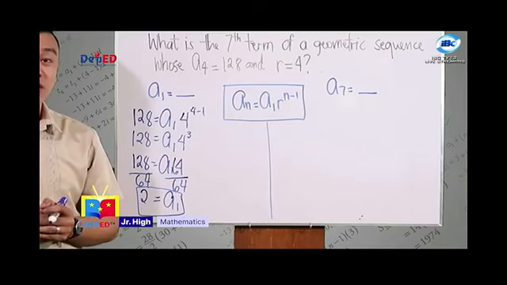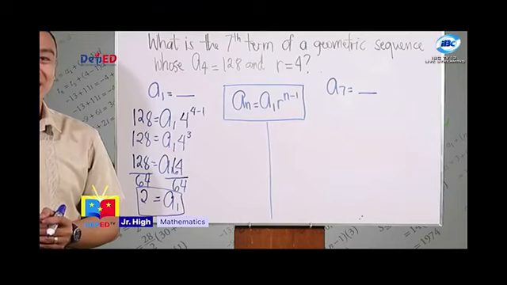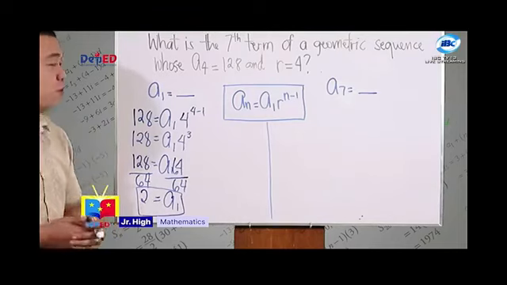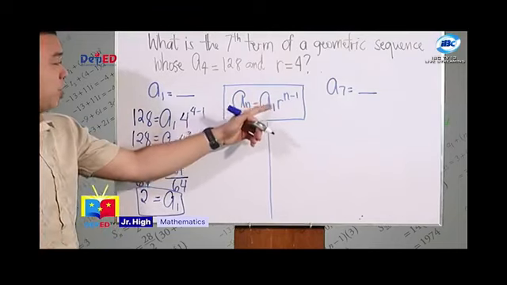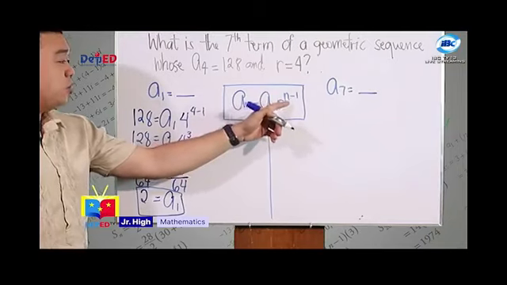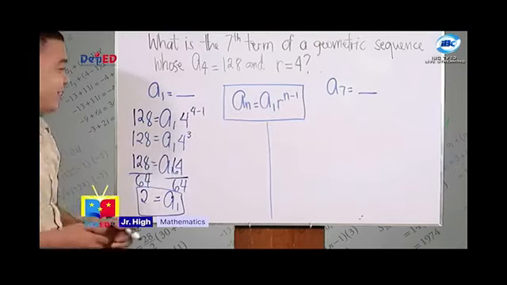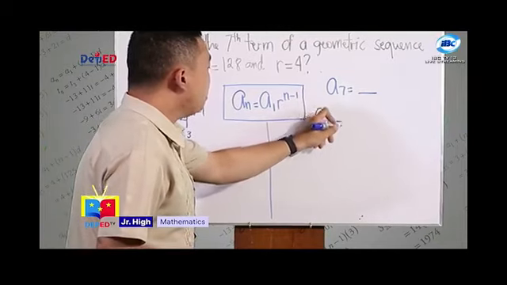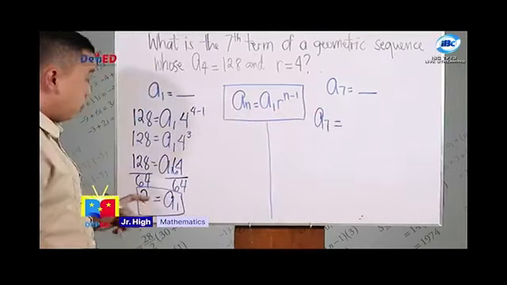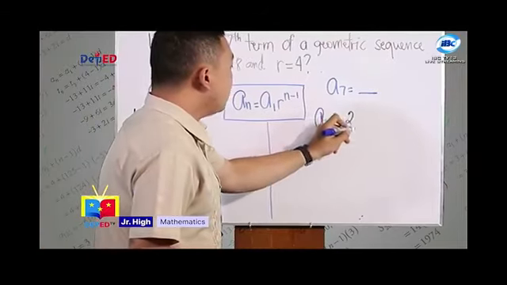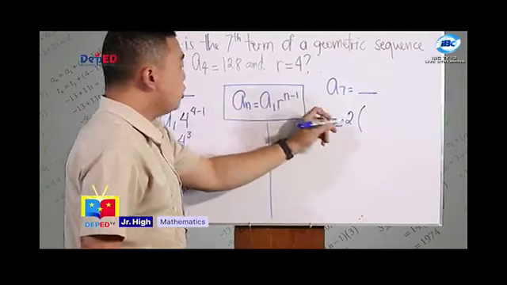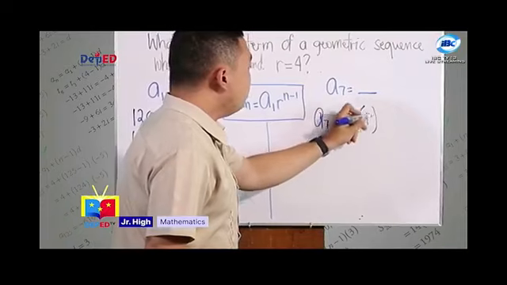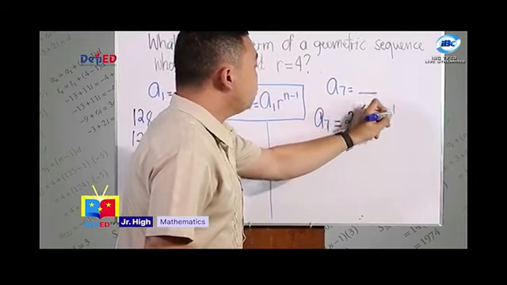Since we have our first term, we can now solve for the unknown term, which is a sub 7. Again, using the formula, a sub n is equal to a sub 1 times r raised to n minus 1. That's a sub 7 is equal to a sub 1, which is 2, times r, which is 4, raised to 7 minus 1.